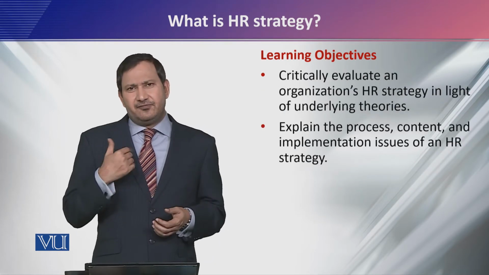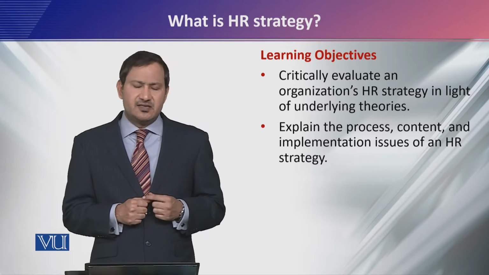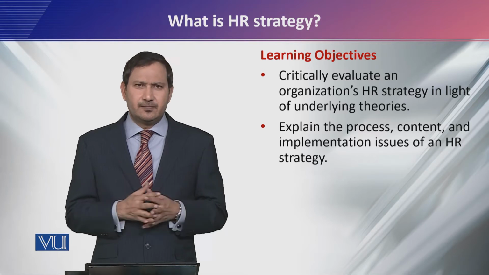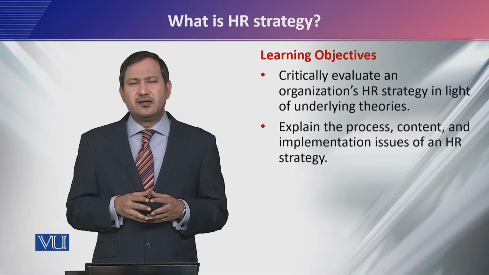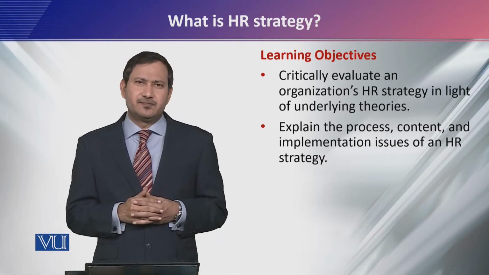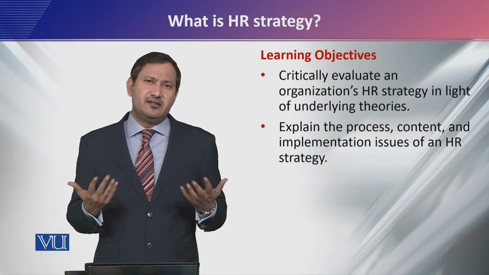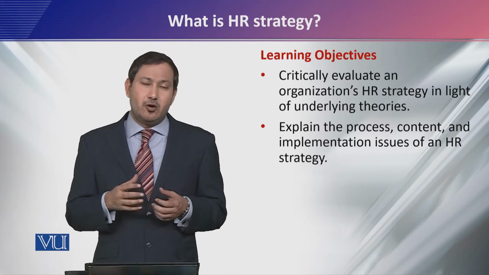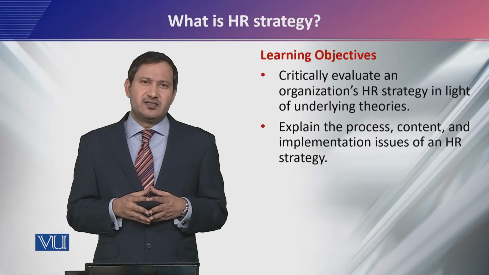So the fifth learning objective is to critically evaluate an organization's HR strategy in light of underlying theories. I hope you remember that I talked about theories, that theories have a set of assumptions. They are empirically tested, and there is wide-ranging support for these theories or those assumptions proposed by them.